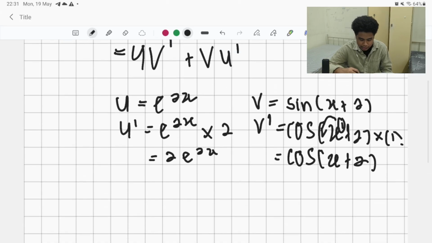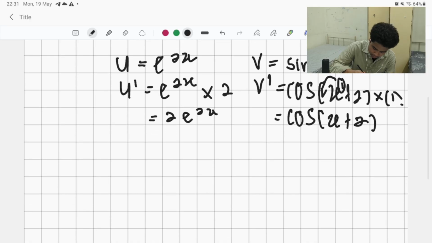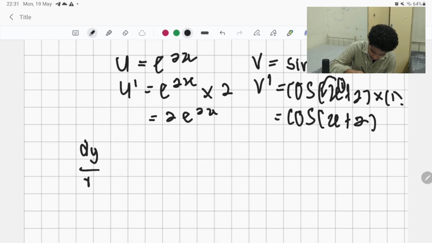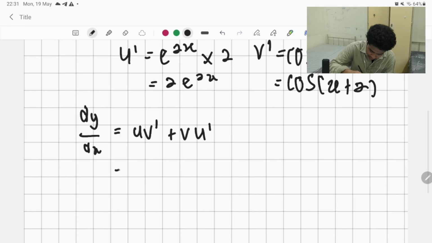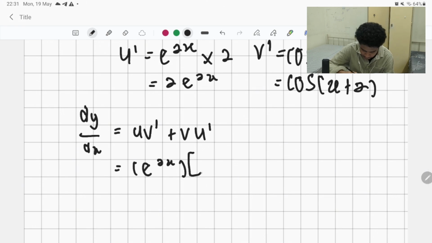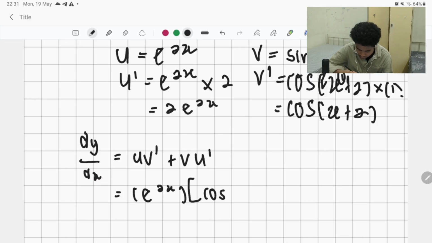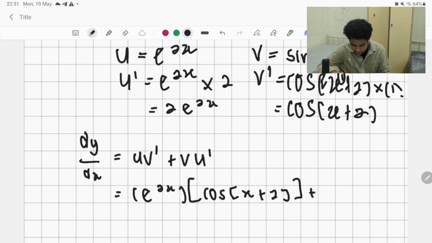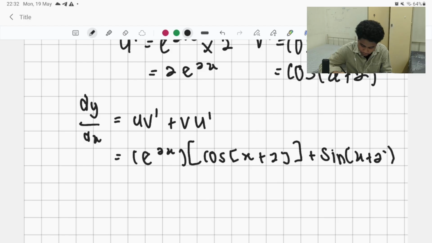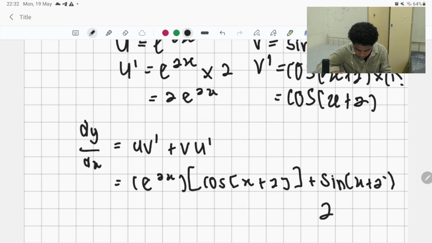Okay, so you can already substitute into the formula. We write again the formula: dy/dx equals u v prime plus v u prime. U, which is e to the power 2x, times v prime, which is cos(x plus 2), plus v, sin(x plus 2), times u prime, which is 2e to the power 2x.